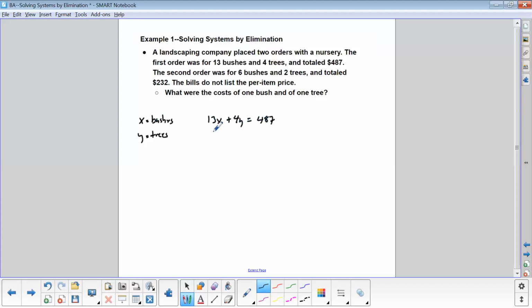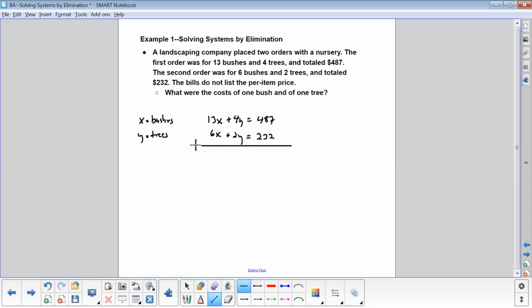And the second equation will be 6x, coming from the 6 bushes, plus the 2 trees is equal to 232. And our goal is to figure out the cost of 1 bush and 1 tree.